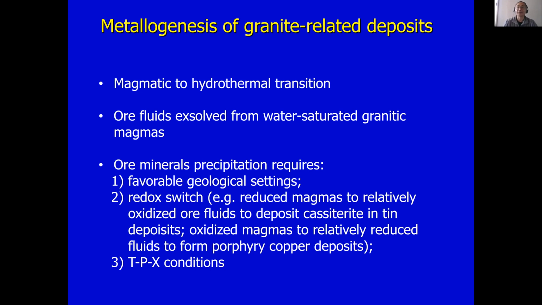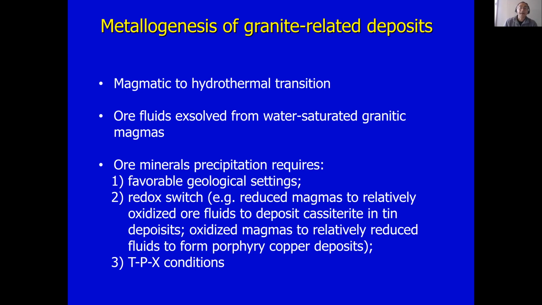So you have to consider a couple of factors, like a favorable geological setting. For example, intrusion-related gold systems are related to reduced I-type granites. Actually, these intrusions intrude into thick, reduced carbon-bearing sediments, and then the redox reaction can convert the oxidized magmas to reduced magmas.